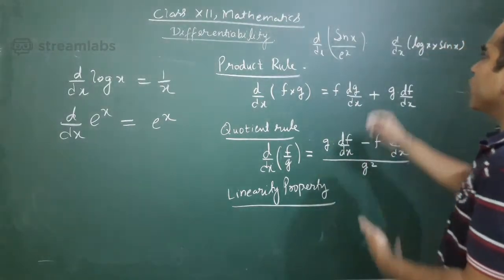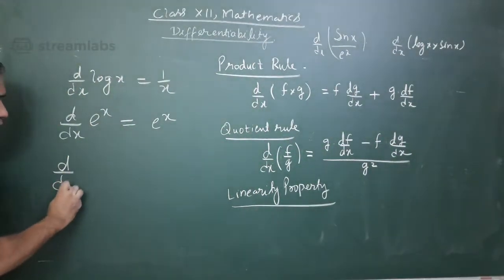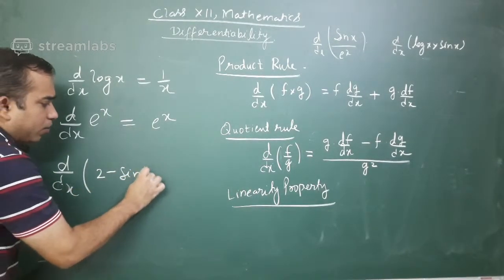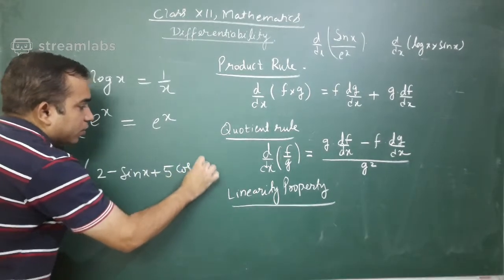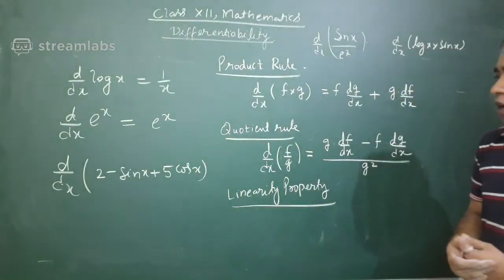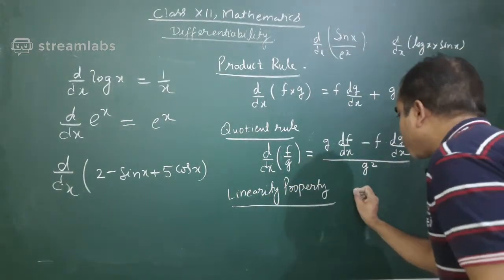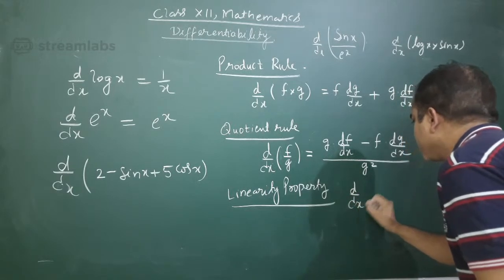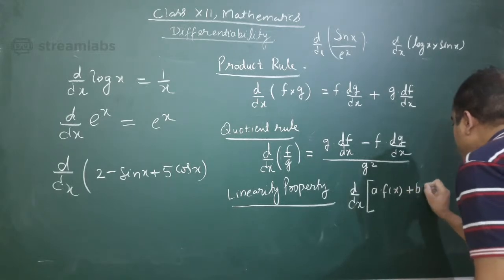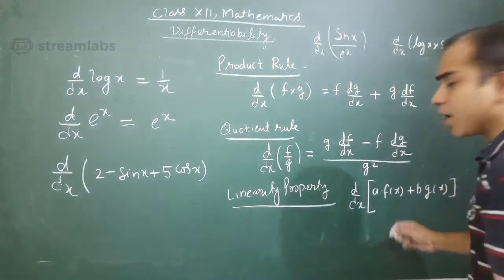There is linearity property also, that sometimes what you may need, that you have to find out, suppose d upon dx of मान लीजिए 2 minus sin x plus 5 cos x. ठीक है, तो जब कभी भी कुछ फंक्शंस प्लस या माइनस से जुड़े हों, और उनमें सिर्फ कांस्टेंट का मल्टीप्लाई हो, तो हमारे पास एक लीनियरिटी प्रॉपर्टी है, and the property says that d upon dx of af(x) plus bg(x), where f(x) and g(x) are functions of x and a and b are our what?